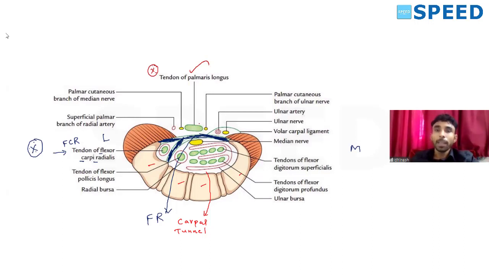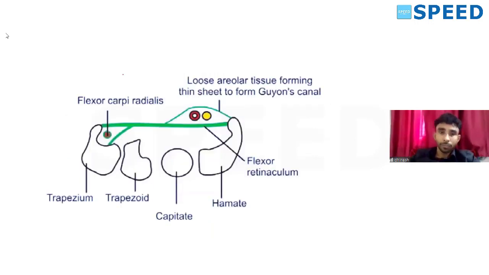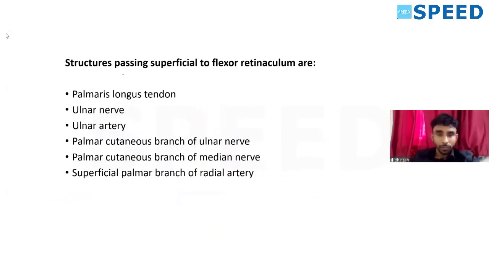Some other structures passing superficial are ulnar nerve, ulnar artery, then palmar cutaneous branch of ulnar nerve, palmar cutaneous branch of median nerve, and superficial palmar branch of radial artery. So these are the 6 structures which pass superficial to the flexor retinaculum of the wrist.